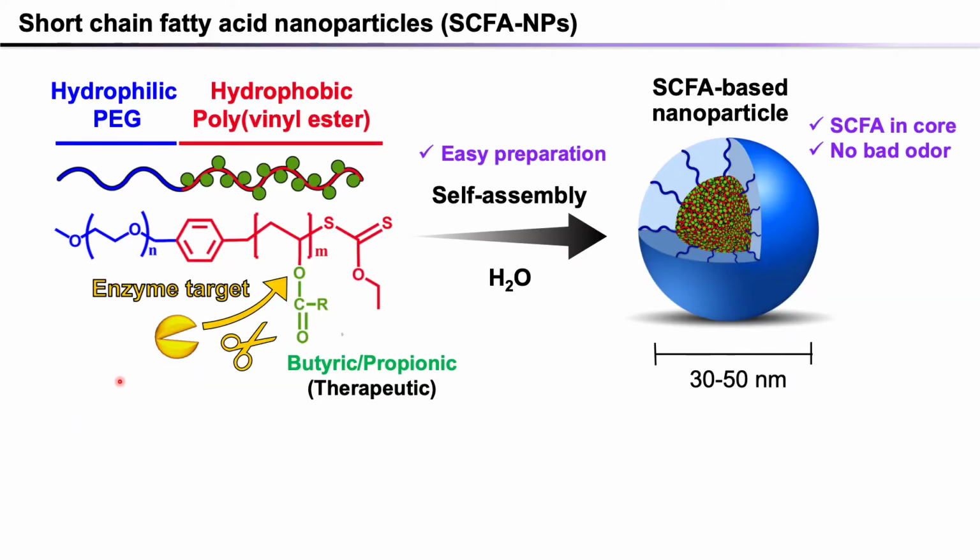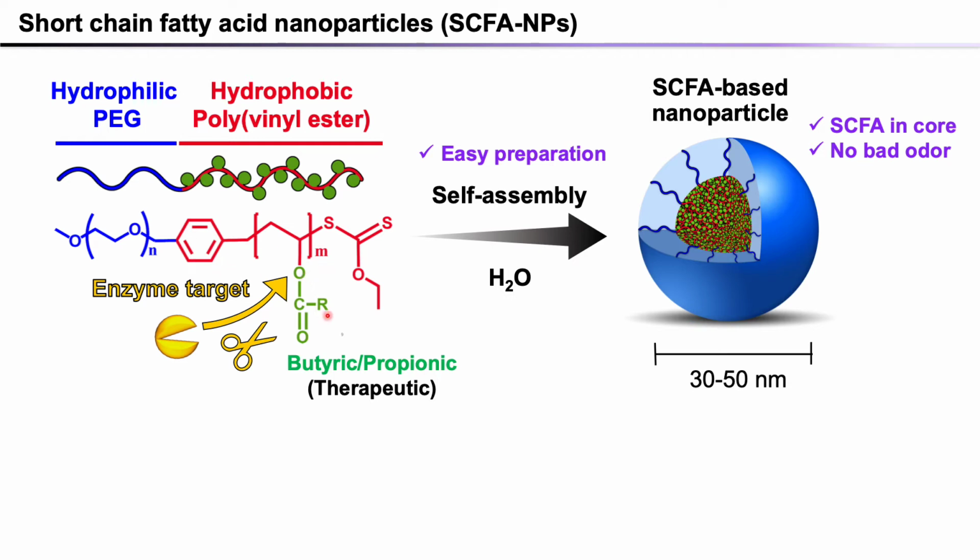To overcome the limitations of low molecular weight short-chain fatty acids, we have designed and synthesized a new polymer to deliver short-chain fatty acid. Our polymer consists of hydrophilic PEG, hydrophobic polyvinyl ester, which is conjugated to short-chain fatty acid. In our case, butyric and propionic acid as the therapeutic agent. They are linked to the polymer backbone by ester linkage, which is a target for enzyme-based hydrolysis.